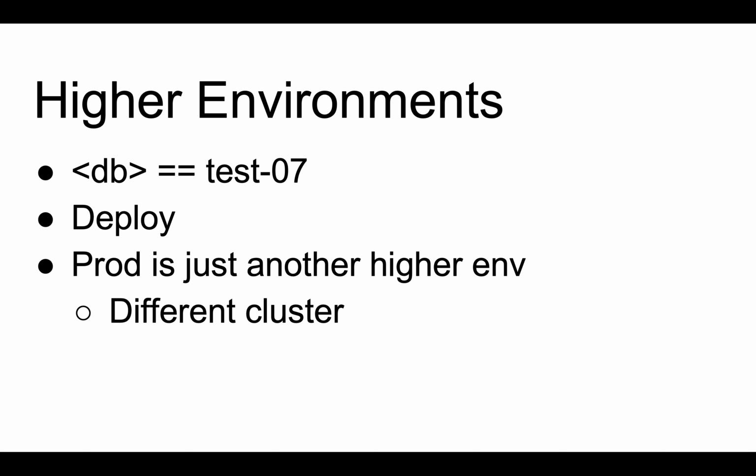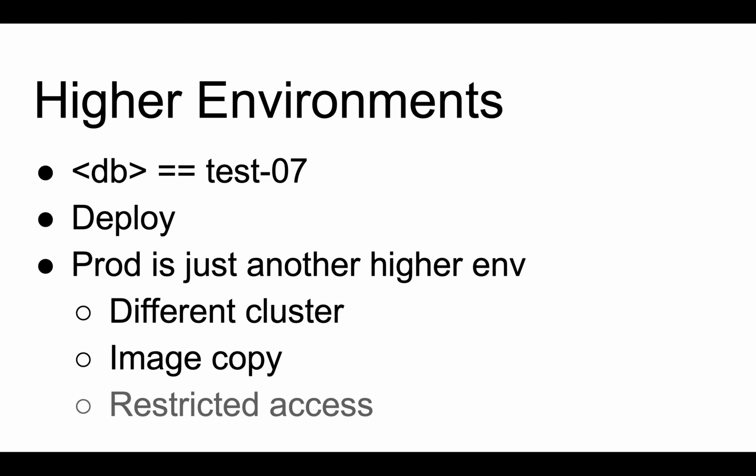The only difference in our case is that the prod environment is an OpenShift project on a different cluster. We actually have a couple of data centers, and we have a non-prod cluster and a prod cluster. In order to deploy to prod, we have to copy the image that we want to deploy over to prod first, and then everything else is exactly the same as the other higher environment pipelines.